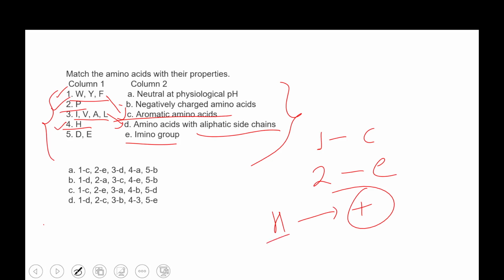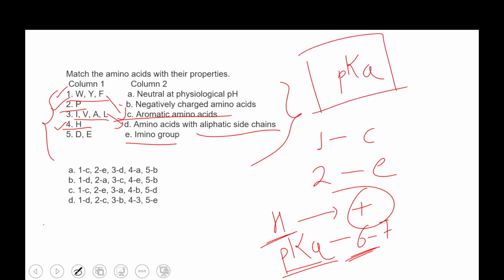So histidine has a pK value between 6 to 7, near this region only. Okay. So what is pK value? Anybody know? So pK denotes the acidity or basic nature of any particular component, right?